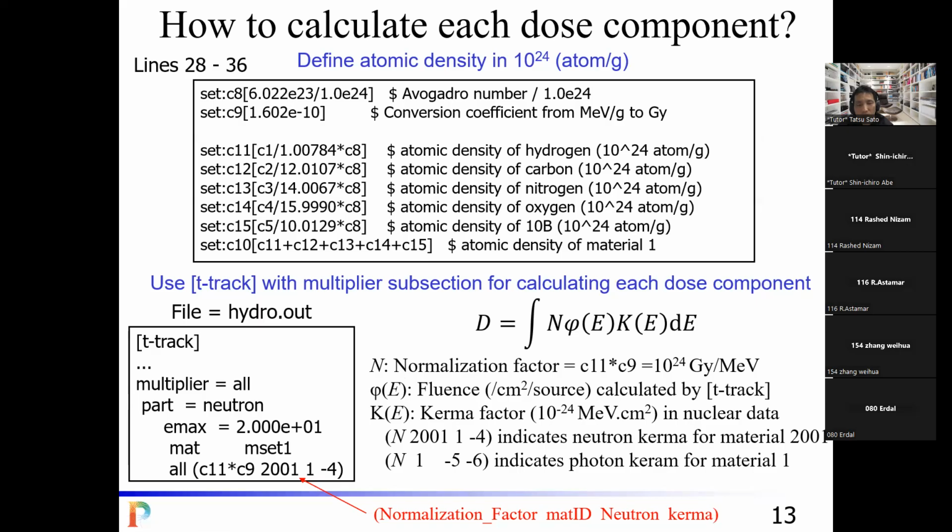And to estimate the dose from each component, you have to input the density of hydrogen or nitrogen or boron to the tally section. But the density is usually defined in the material section, so you have to correlate the density to material sections and tally sections.